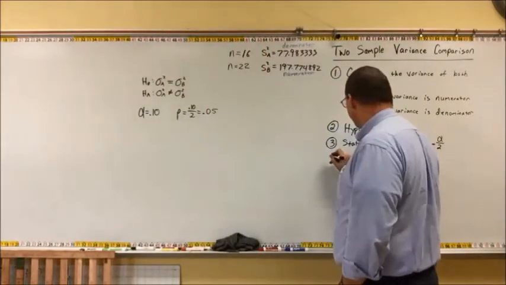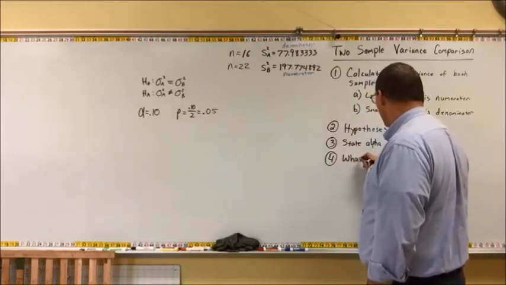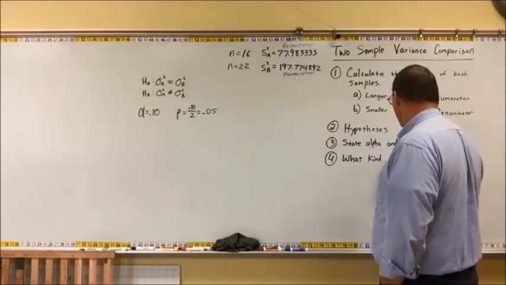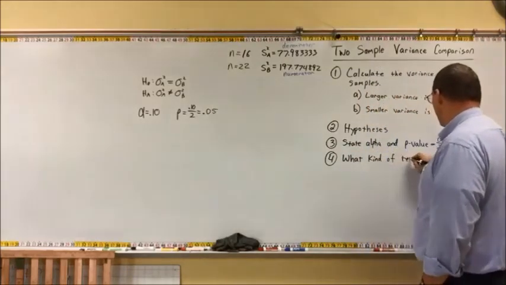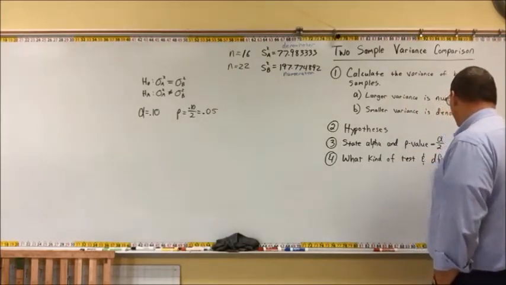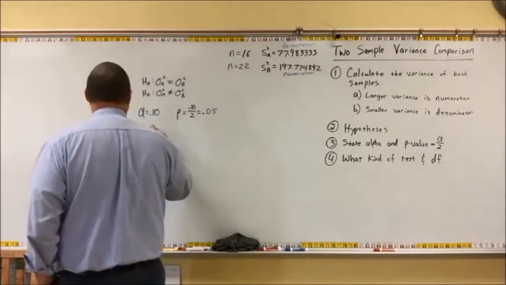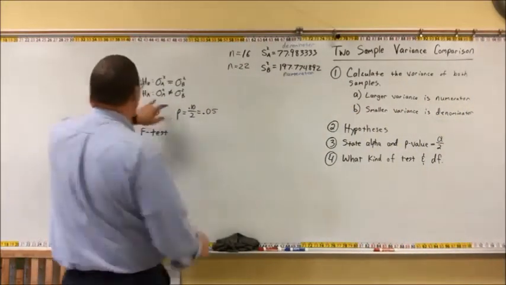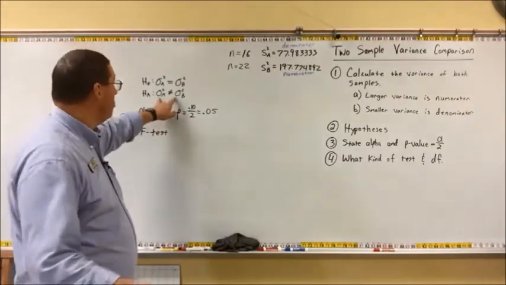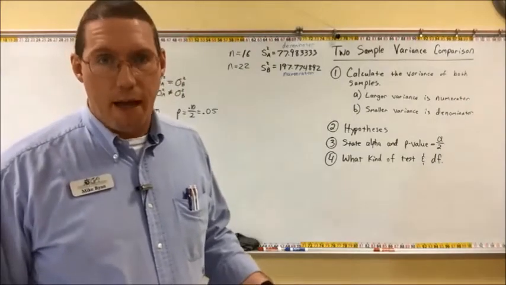Step 4, what kind of test, and identify the degrees of freedom. Okay? So this is an F test because anytime, and I'm telling you right now, anytime you do a variance comparison test, it's always going to be an F test.